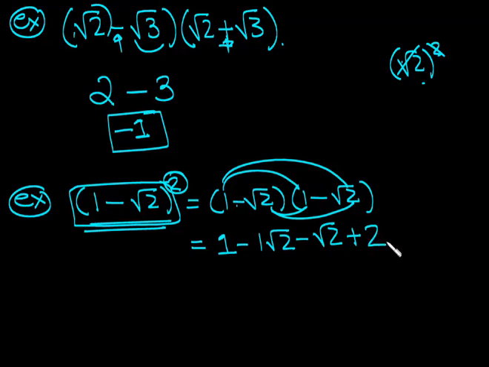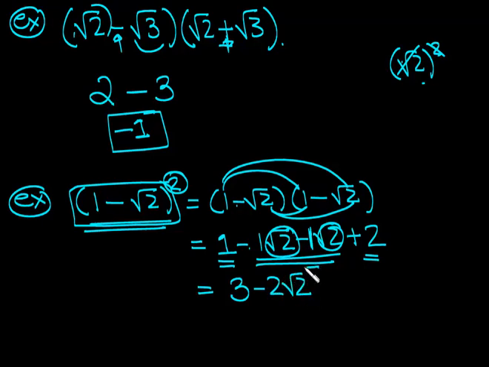Because square root of 2 times square root of 2 is square root of 4, and square root of 4 is just 2. So now I can add these two numbers. So I get 3. And I can collect these two because they're the same radicals. I can just add the numbers in the front. There's a 1 here in the front, so negative 1 plus negative 1 is negative 2 square root of 2.